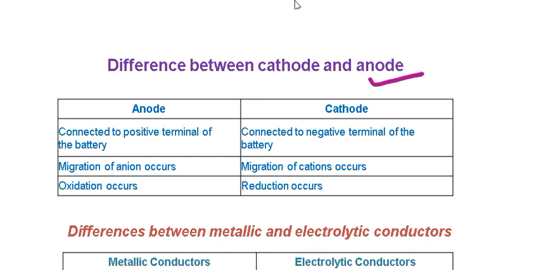It is very important to know for the 10th class student. Anode is connected to the positive terminal of the battery. Migration of anions occurs, oxidation occurs. Cathode is connected to the negative terminal of the battery, migration of cations occurs, reduction occurs.